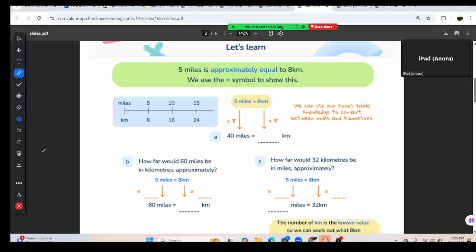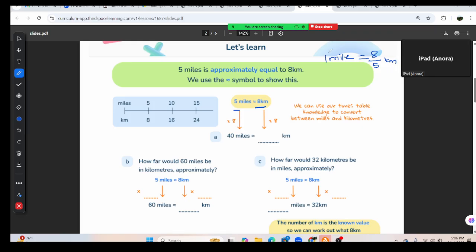So if you have to convert, we can use our times table knowledge to convert between miles and kilometer, right? If 5 miles is 8 kilometer, 10 miles would be 16 kilometer, right? If 5 miles is equal to 8 kilometer, so 1 mile would be 8 divided by 5 kilometer, right?